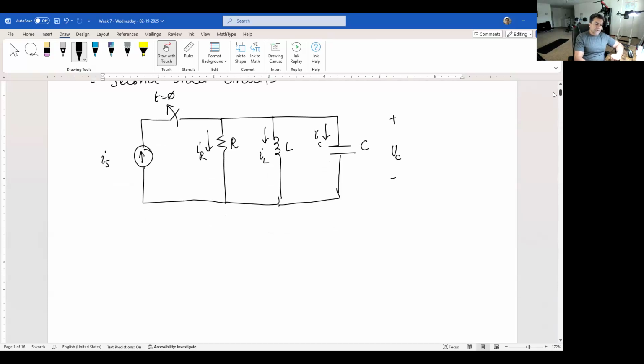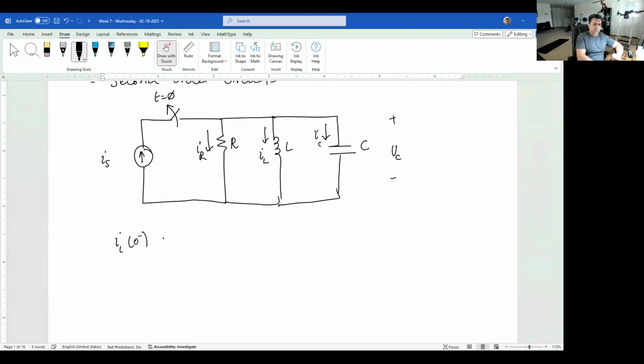When we start solving the circuit, we use the same approach as we did for RL circuit or RC circuits. That is the first thing that we figure out is what are the initial values of the inductor current and the capacitor voltage. So the first thing that we figure out is IL(0 negative).